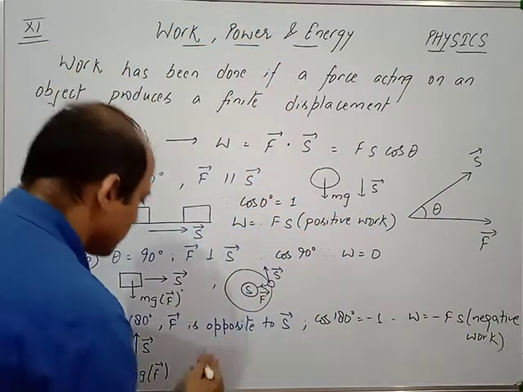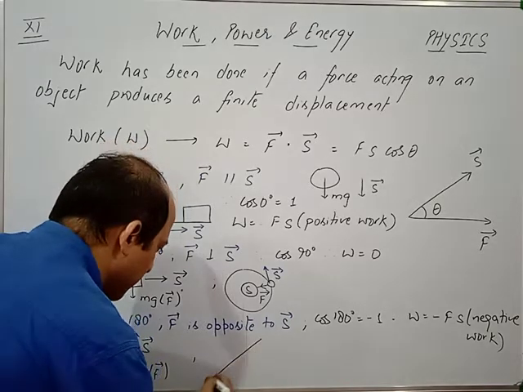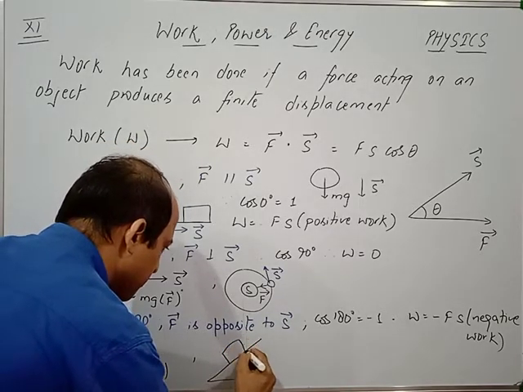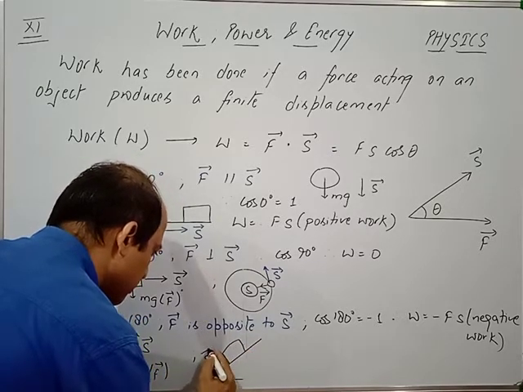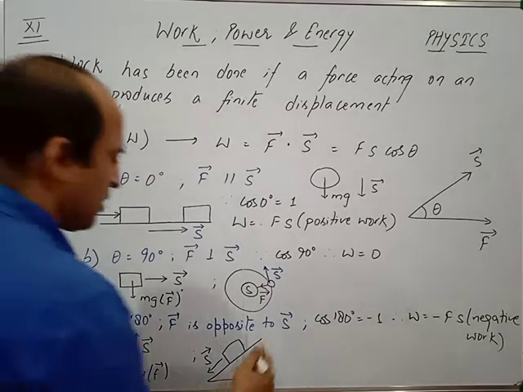Now let us take one more example. Suppose we are talking about an inclined plane and there is a mass kept over it. The mass is slipping in the downward direction. So displacement is parallel to the incline in the downward direction.